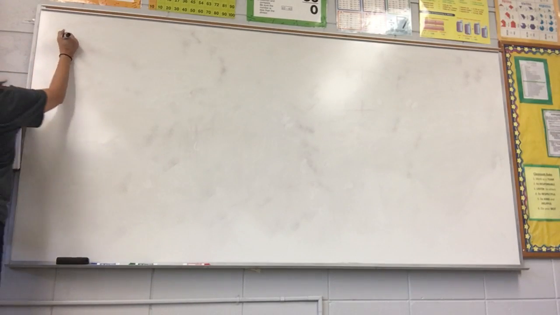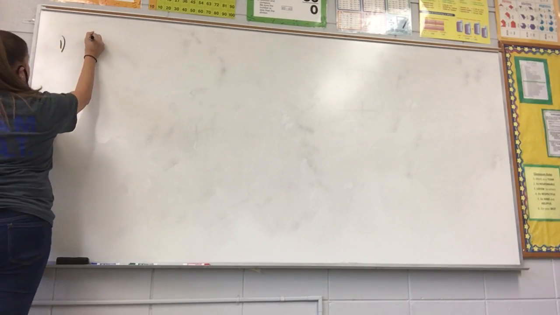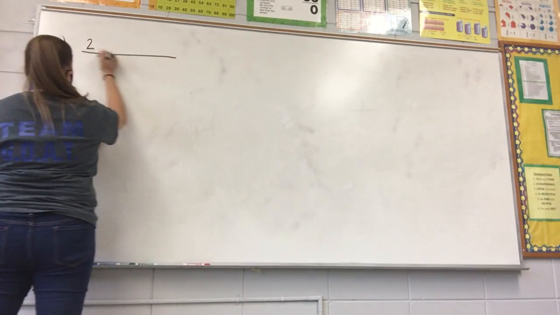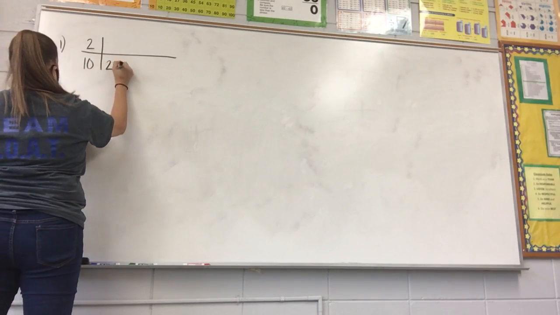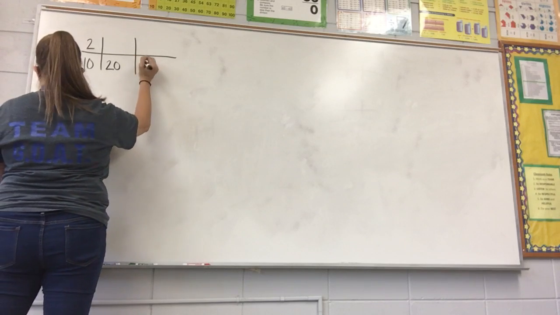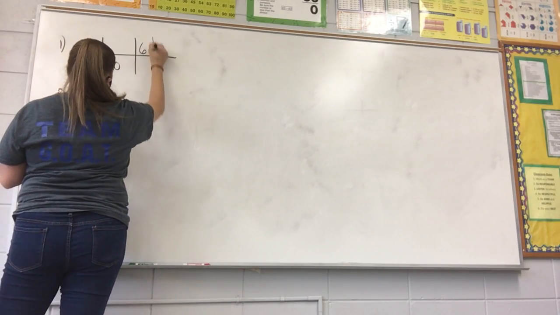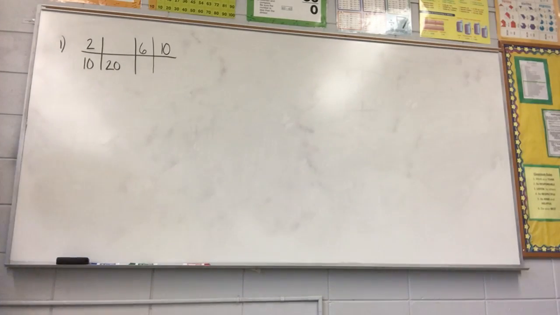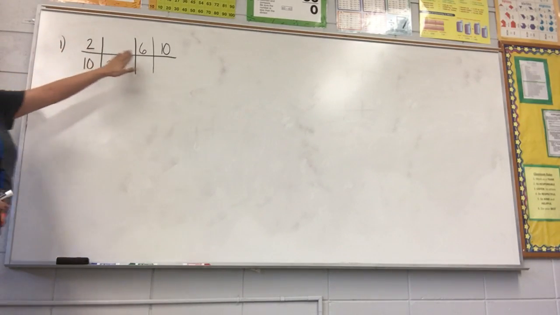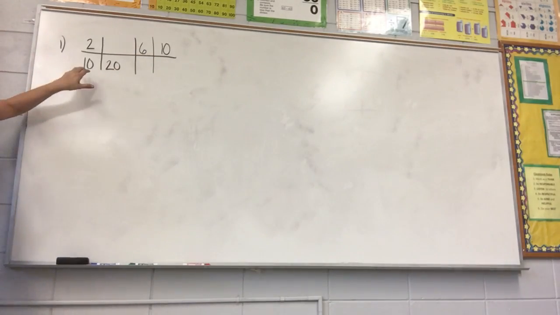Okay, so let's look at number 1. On top we have 2, 6, 10, and on bottom we have 10 and 20.